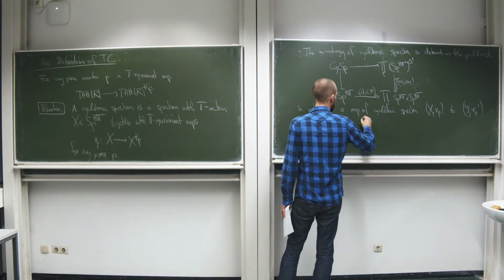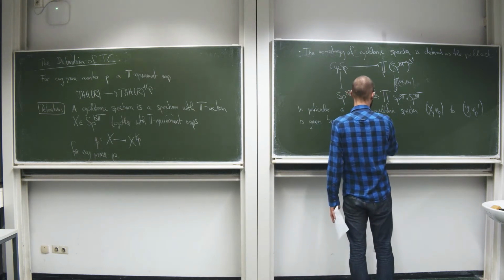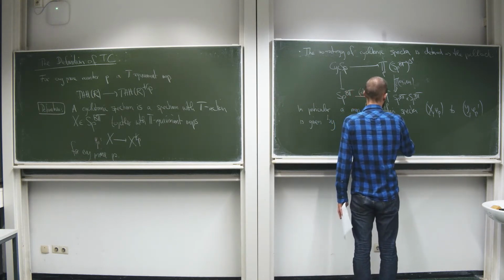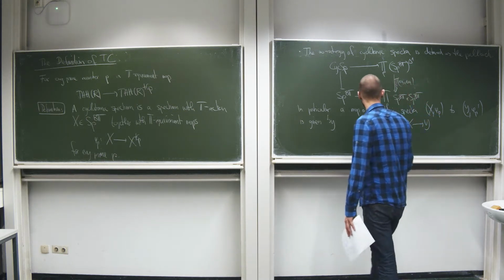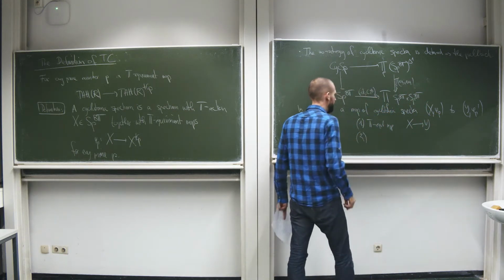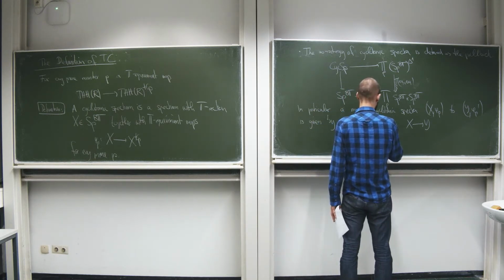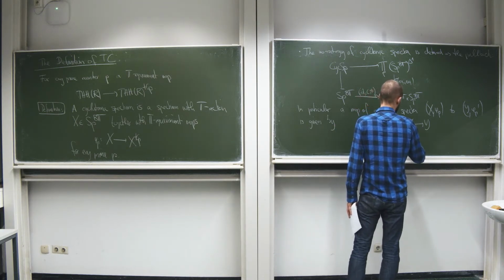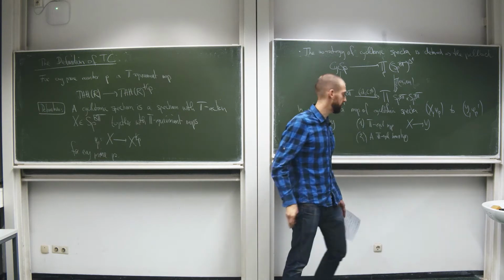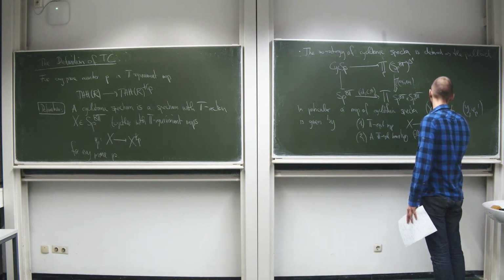First of all, you have a T-equivariant map X to Y, and secondly, you have a T-equivariant homotopy, in other words a two-morphism in the infinity category of T-equivariant spectra filling the square.